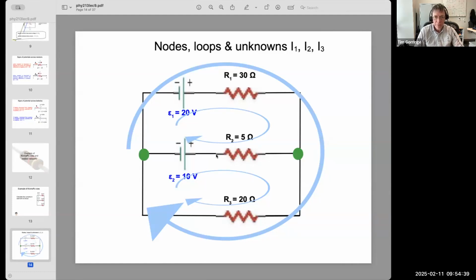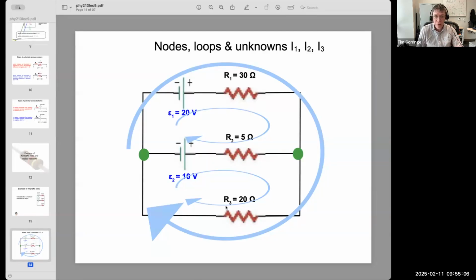So there's 3 loops. Now, step back and think like a mathematician. We need 3 currents. We want the 3 currents I1, I2, I3 that pass through the 3 resistors that I've labeled R1, R2, R3 that correspond to the 3 arms in the circuit, the top, the center, the bottom.